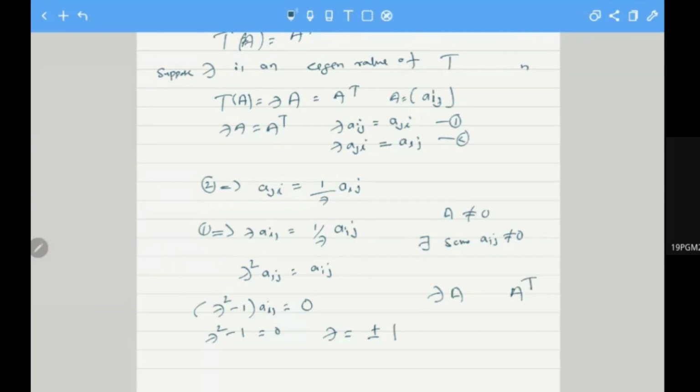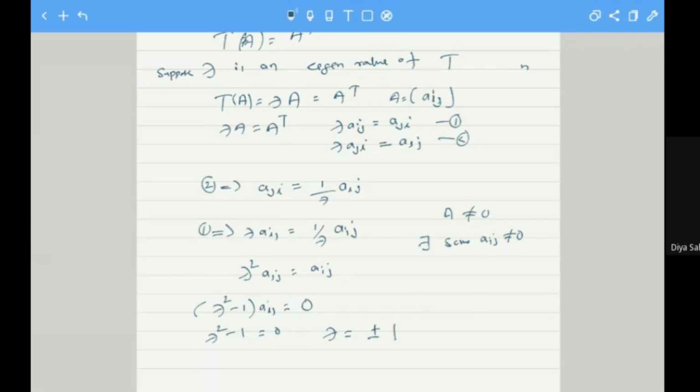The Aij terms as well as the Aji terms, the corresponding terms you equate. Those two will give you equations 1 and 2. The remaining is just calculation. From that, we can conclude lambda is just 1 or minus 1. Shall we move to the next question?